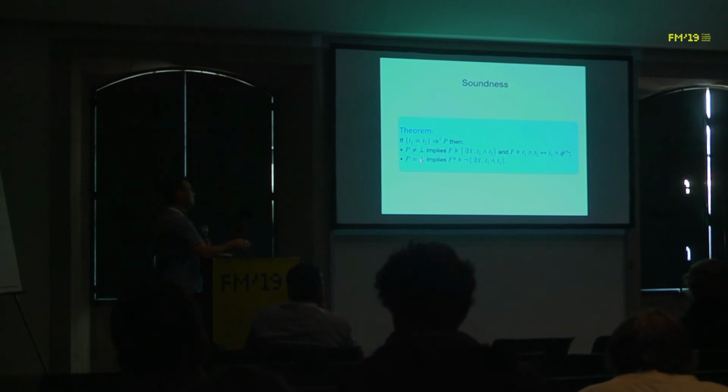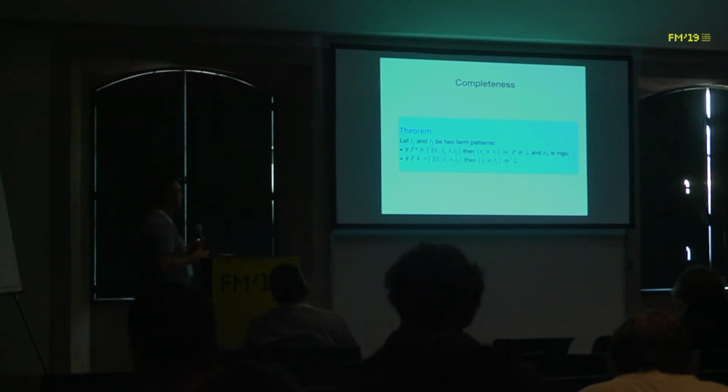If you get bottom, so T1 and T2 are not syntactically unifiable, then it means that they are not unifiable in matching logic as well. All right, so for completeness, we're trying to do it the other way around. If T1 and T2 are two term patterns and they are unifiable in matching logic, then they are unifiable syntactically. And if they're not unifiable in matching logic, they're not syntactically unifiable.